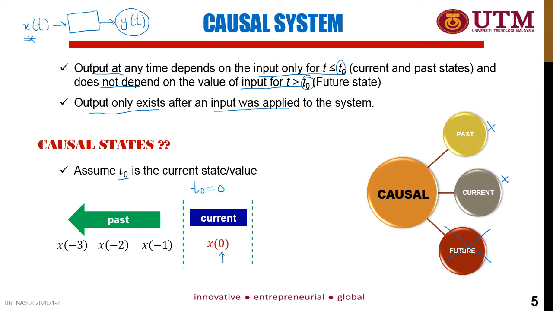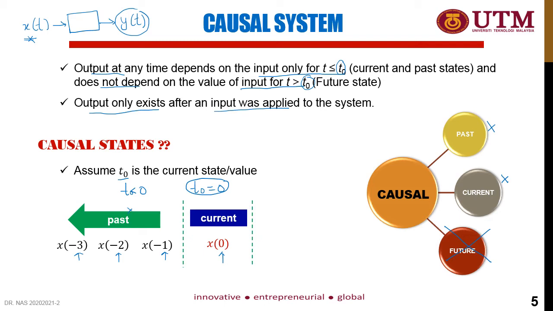Okay, what is the past state or the previous state? It is when your t is less than 0. So any values of t that are less than 0 represent the past state or the previous state.